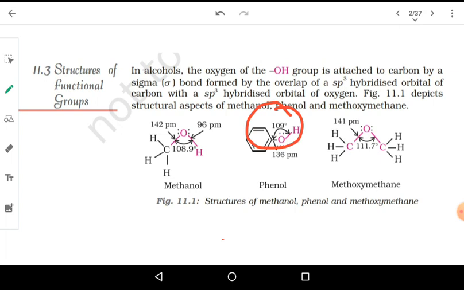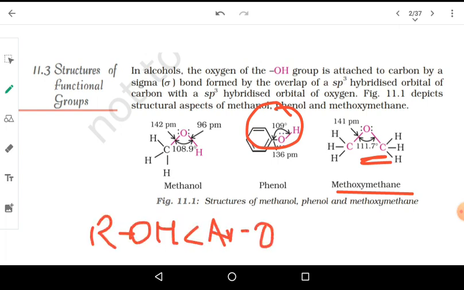Now if I take the next molecule, that is ether, we can see that the bond angle is a little greater, coming out to be 117 degrees. So the bond angle will be in the order ROH, next AROH, and the last ROR. This is important from this section.